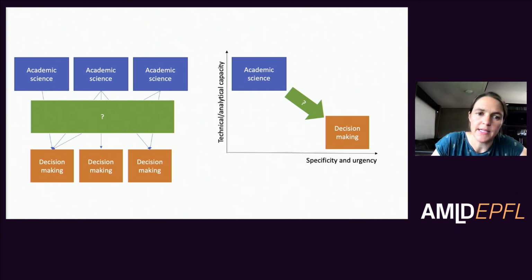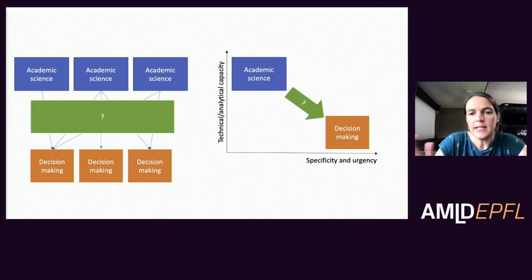You need information to make decisions on. In academia, we can get very fancy with our methods, but there's not necessarily the same specificity and urgency requirements. In fact, sometimes those are disincentivized, and the way that academia works doesn't produce results in that framework. So I think this is a big problem.